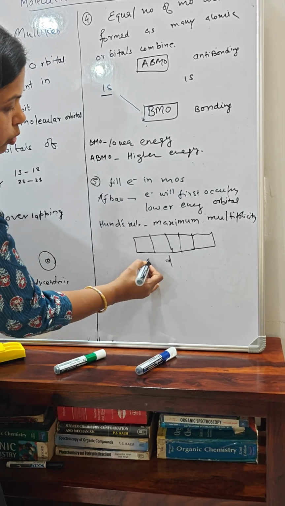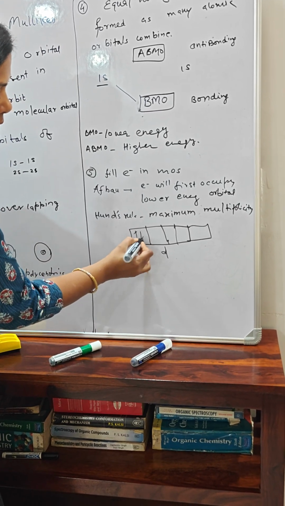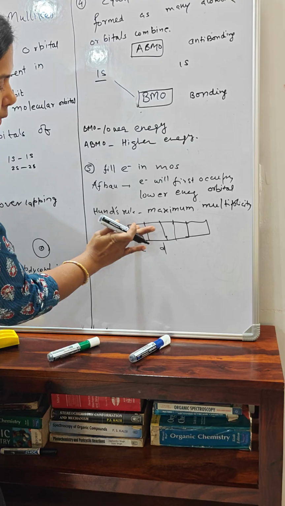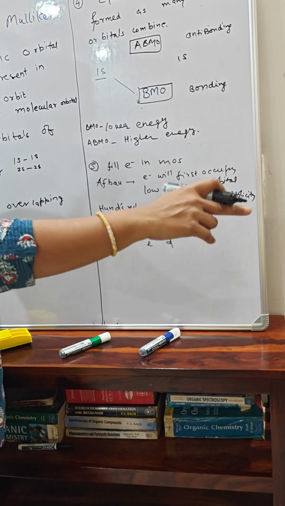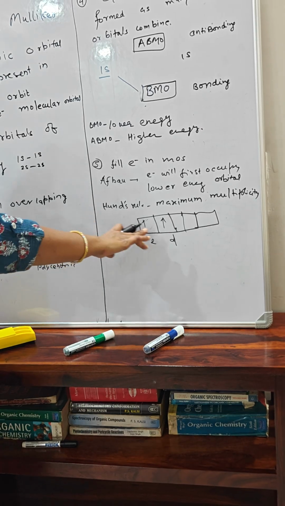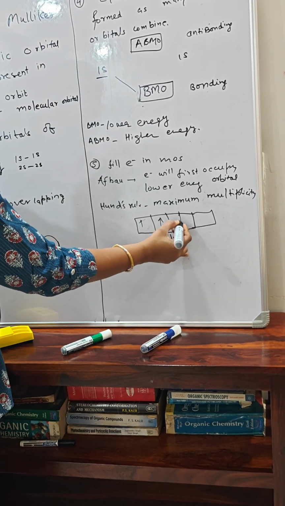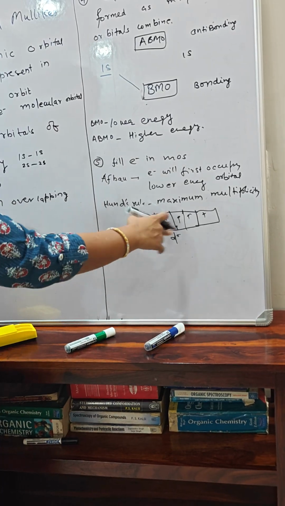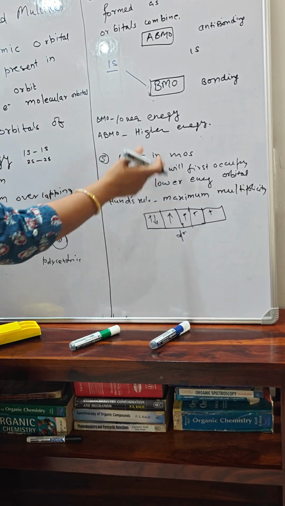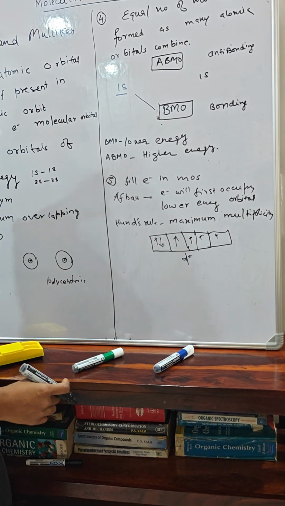If there are two electrons, they will not pair. It will first occupy a single electron in each orbital, and only after that, at d6, will the pairing start. In this way, Hund's rule is also applied in molecular orbital theory.